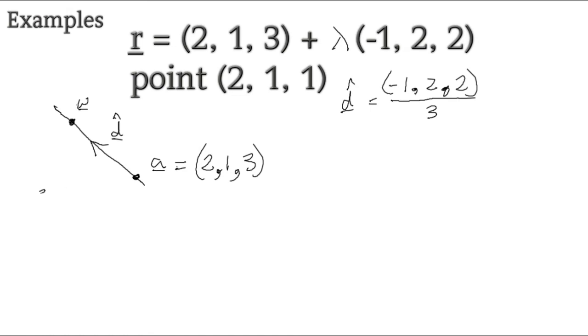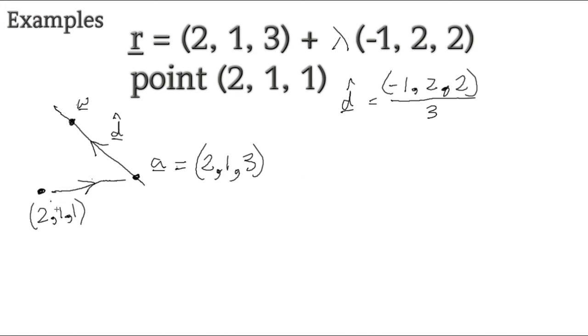And we have a point (2, 1, 1) over here. So if we take the difference between A and the point, direction doesn't really matter in this case, so let's take A take the point, which is this direction.